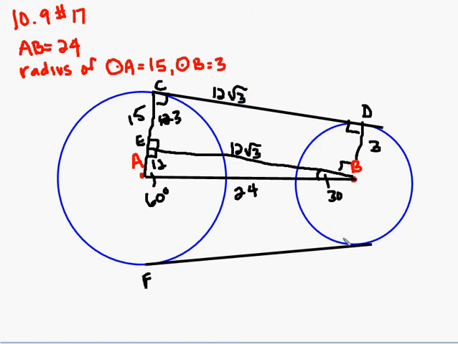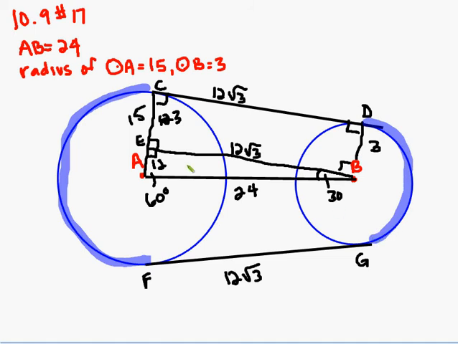And we'll call this point F and G. If we run a similar external tangent process through A, B, G, and F, we'll find that FG is also 12 root 3. So now all we're left with is finding the arc length from C to F, and then from D to G. Well, we know the angle measures here.